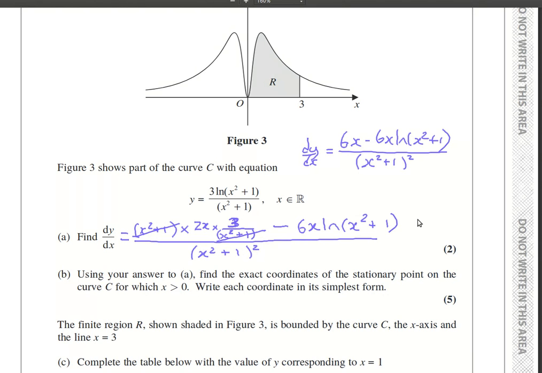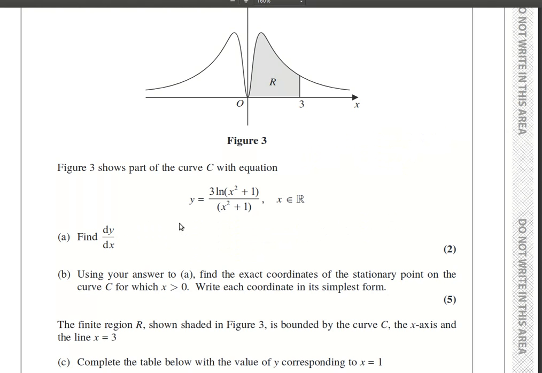I'll write that down again in 1 second, because I want to generate some more space. So we know that we've got 6x times by 1 minus ln(x squared plus 1) over (x squared plus 1) squared.